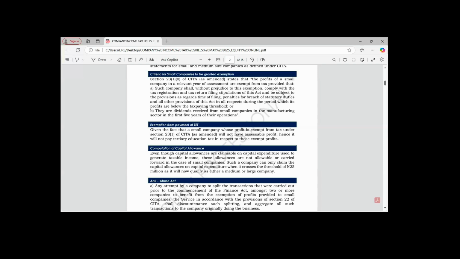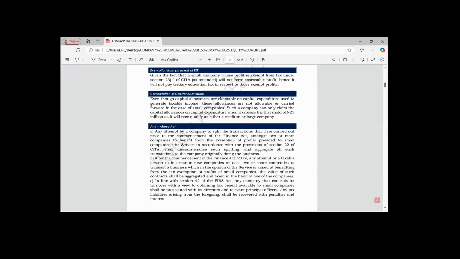As a result of that, the tax law also created what is called the Anti-Abuse Act. This Anti-Abuse Act is to kick against a scenario whereby a taxpayer will decide to go and float various companies in order to avoid the payment of tax.